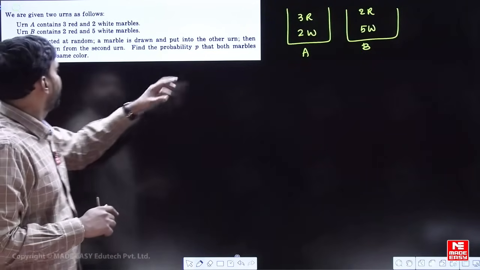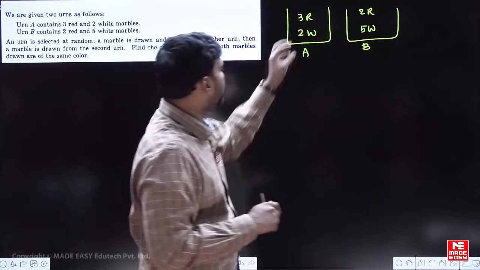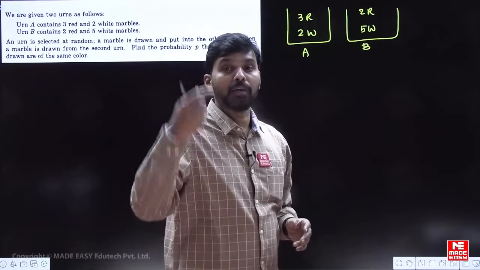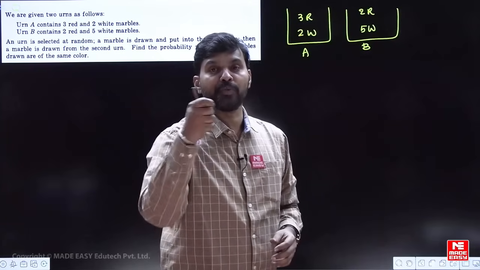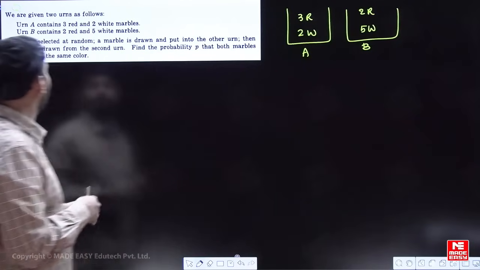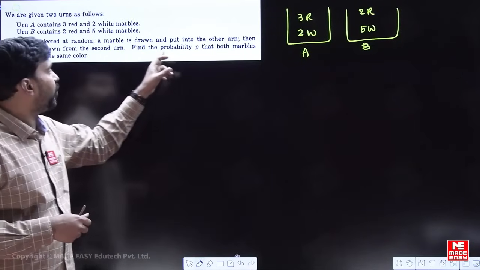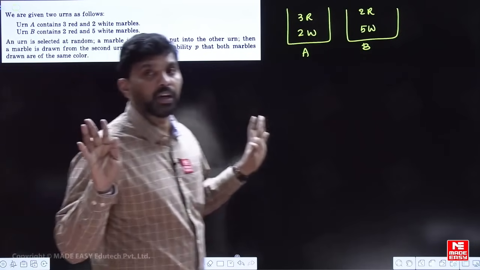After that, a marble is drawn from the second urn. जो उसको प्लेस करने के बाद अब तीसरा ट्रांसैक्शन. So now the third selection is drawing one ball from the second urn. Then find the probability P that both the marbles drawn are of the same color.